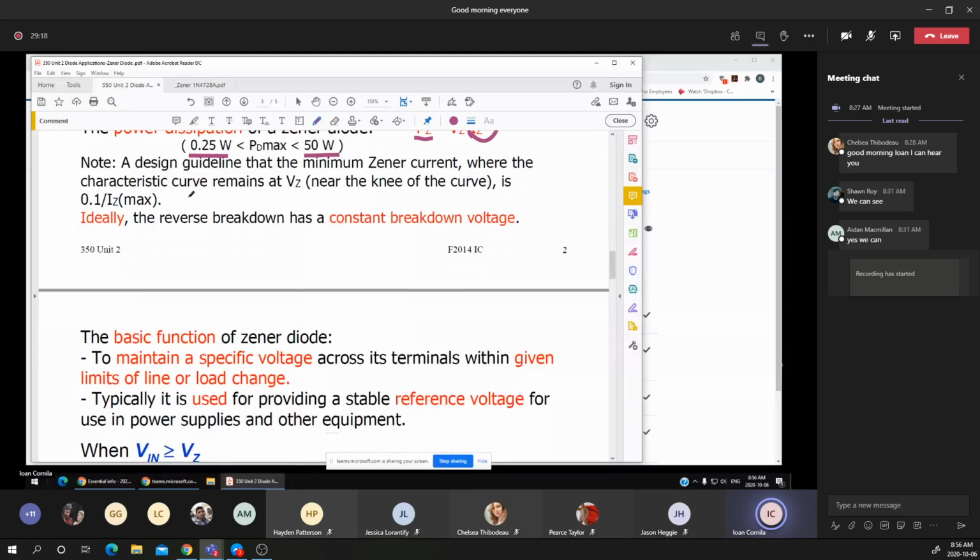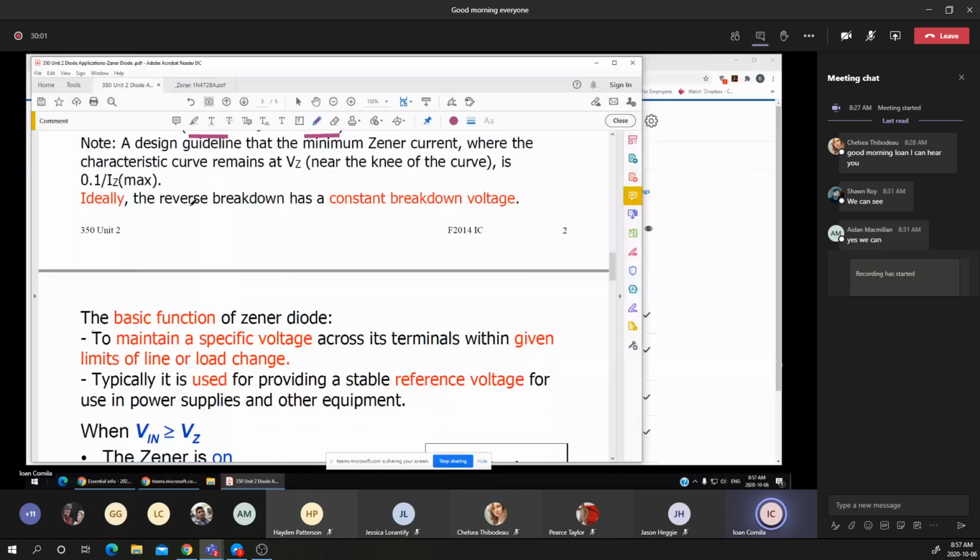I mentioned that usually we can approximate the minimum current or the knee current, the IZK, as 0.1 or 10% of the maximum current. Again, it's a theoretical approximation. This approximation gives you an idea about the minimum current and the maximum current. In our calculations, we are not taking this approximation, but in designing circuits we may take it as a theoretical value.